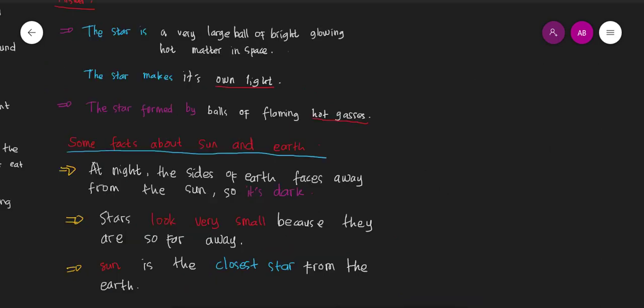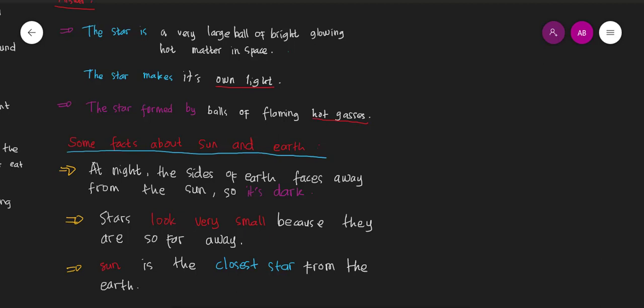Okay, kids, here are some facts about sun and earth. The first thing is, at night, the side of the earth that faces away from the sun is dark. Okay, the opposite, if the earth faces the sun, it will be day.